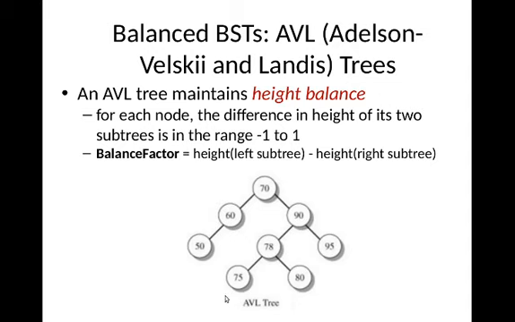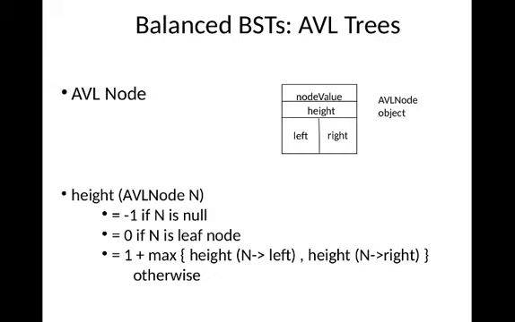Before checking whether this tree is an AVL tree or not, let us define the notion of height and the AVL tree node structure. The height of any node in the AVL tree is defined as follows. If the node n is null, its height is considered as -1. If node n is a leaf node, its height is considered 0.